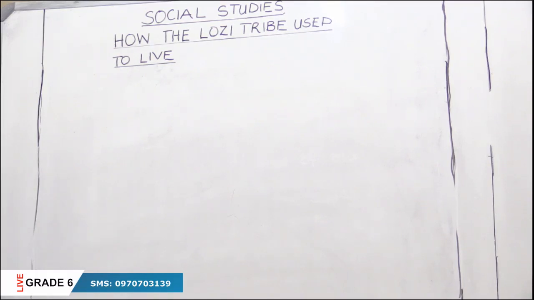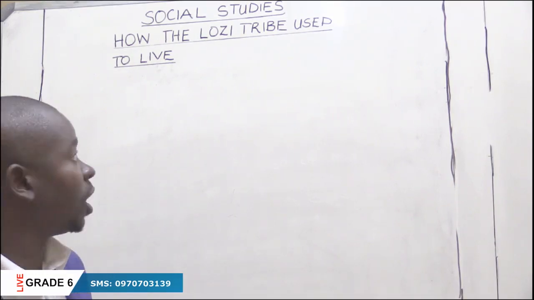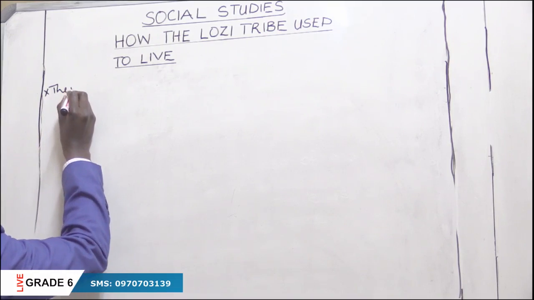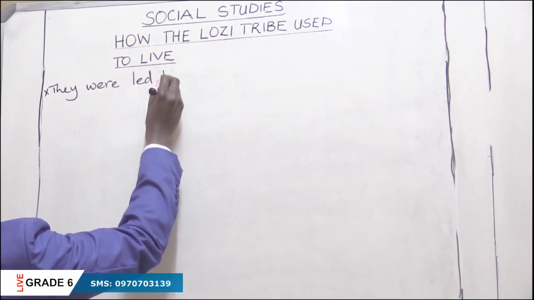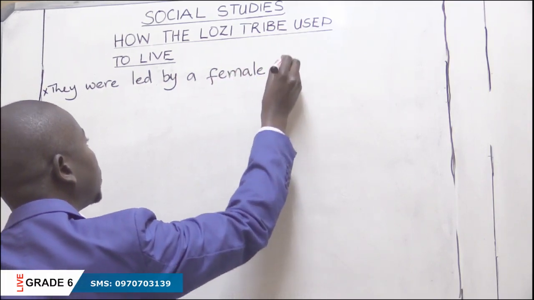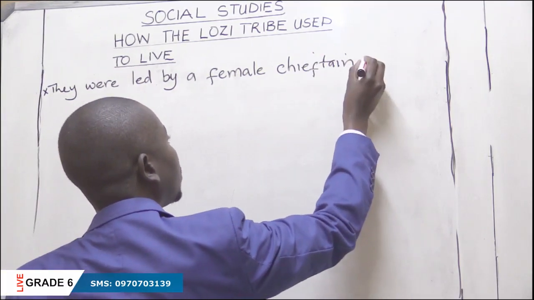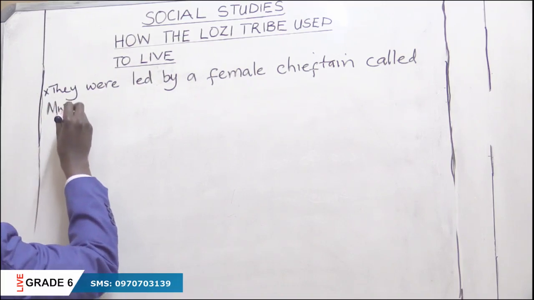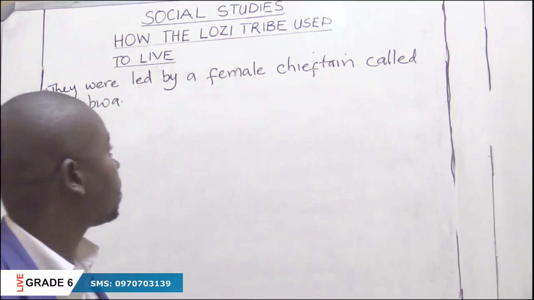Boys and girls, you must understand that the Lozi people were led by a female chieftain called Mwambwa.